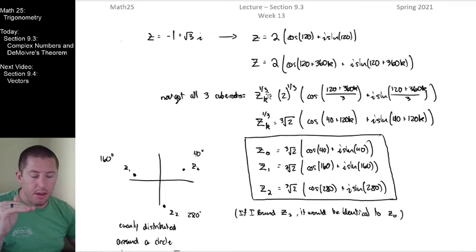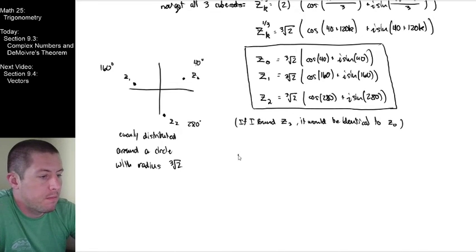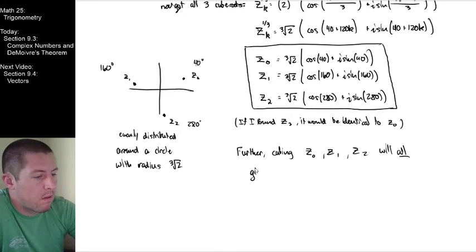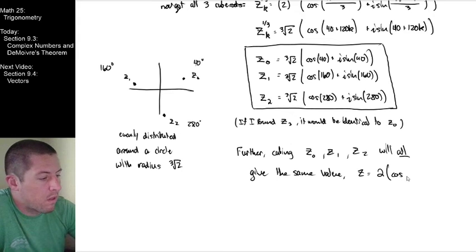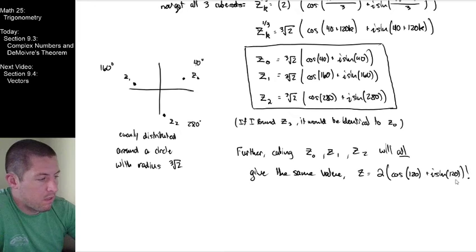Just like we took a cube root to get here, you could cube all of these numbers, and when you cube all three of these, the cubes give us back exactly z. Awesome.